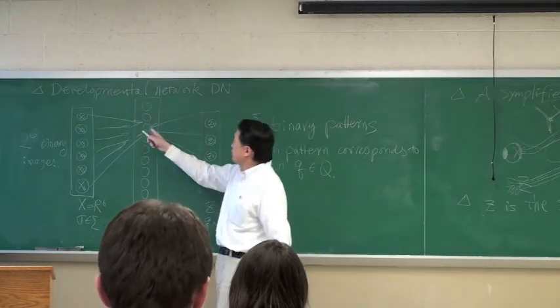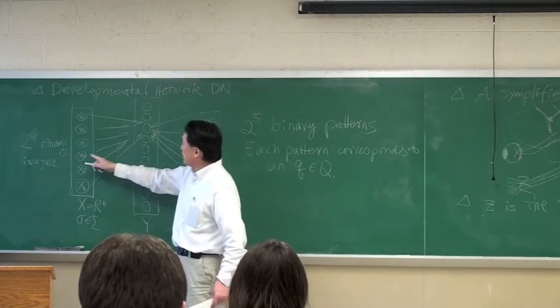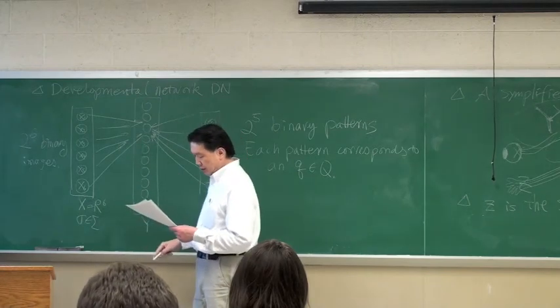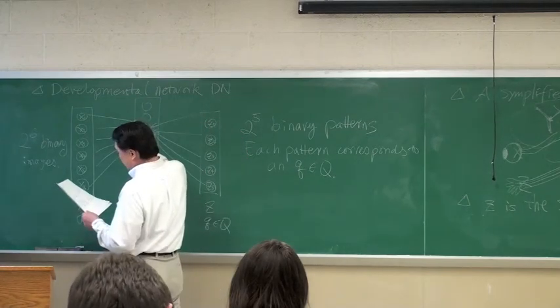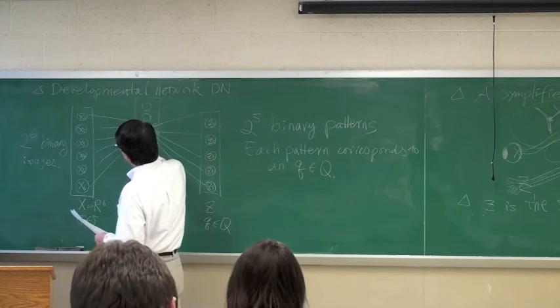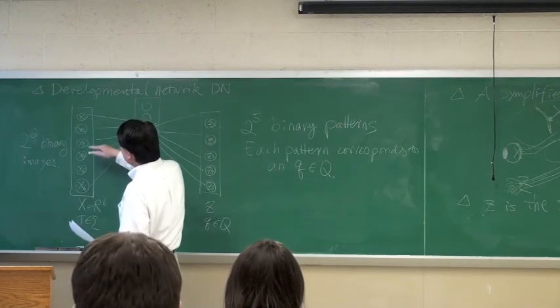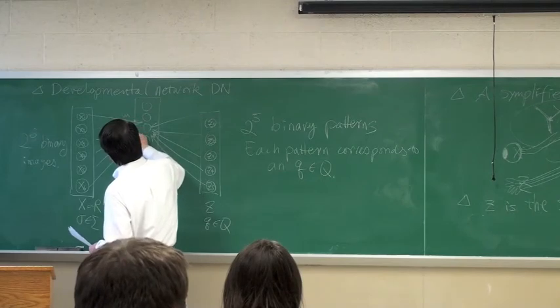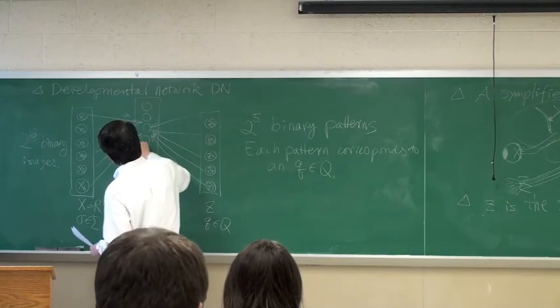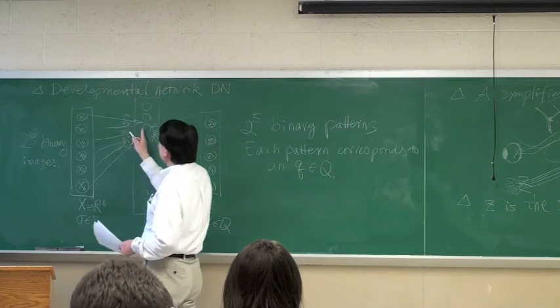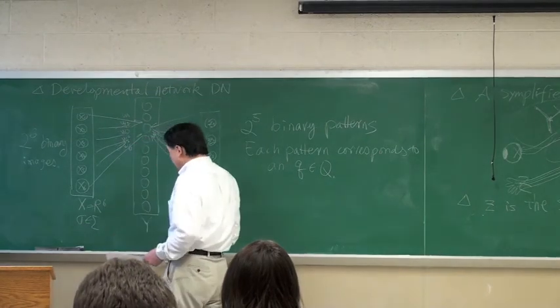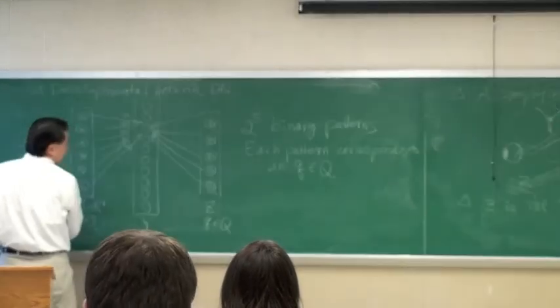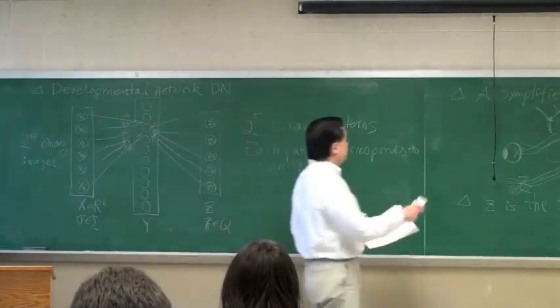So each neuron in the Y will have a bottom-up input and a top-down input, right? For example, for this neuron, you have 6 W's: W1, W2, W3, W4, W6. And then for bottom-up input, I write it down.